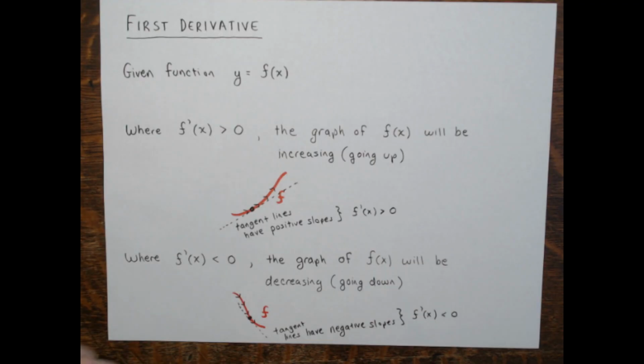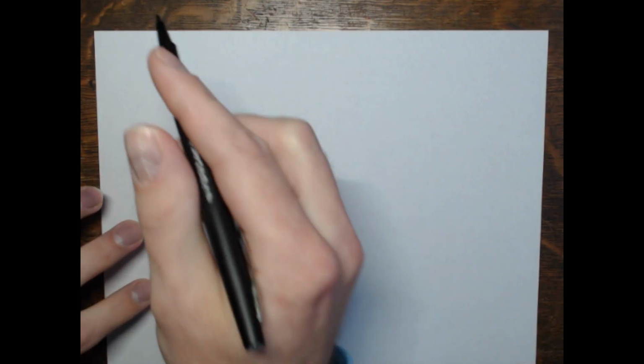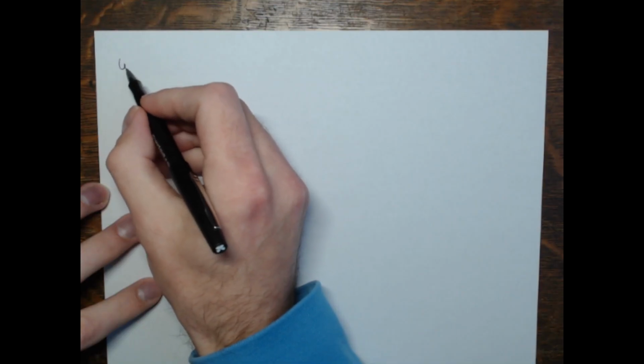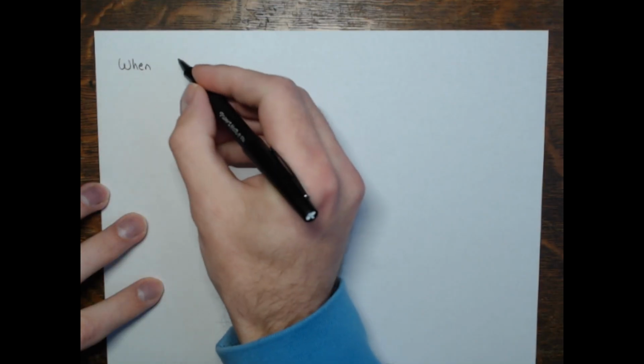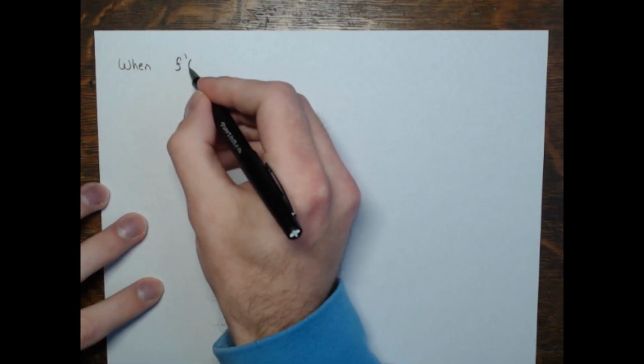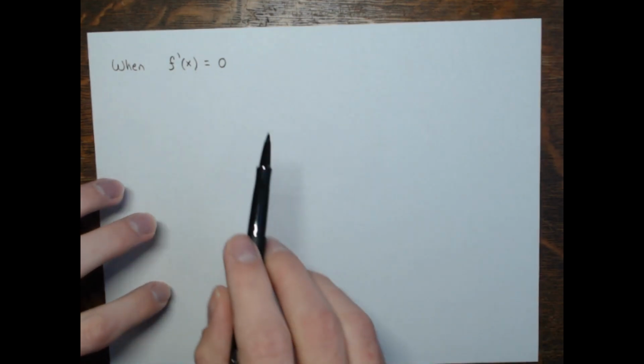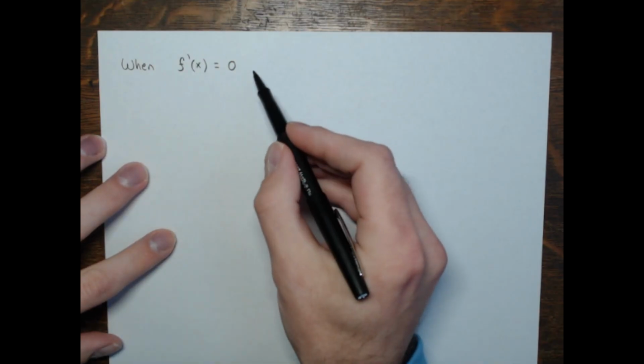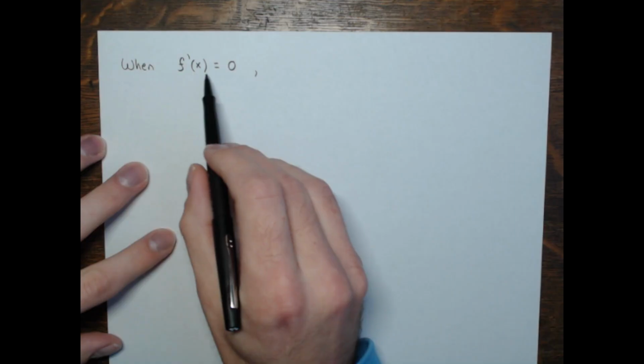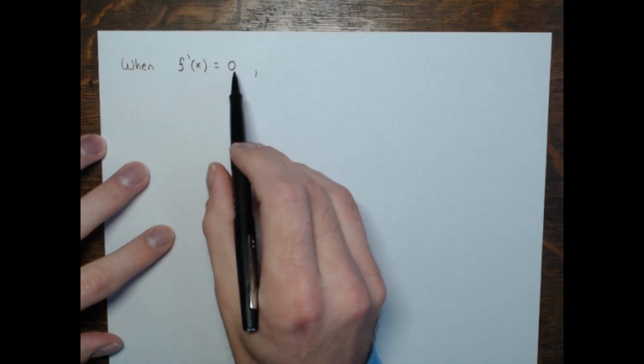Then you have two other options too, right? There's always four possibilities when you're evaluating things in the real numbers. You're positive, you're negative, you're zero, or you're undefined. So when f prime is 0, this means the slope of the tangent line is 0.